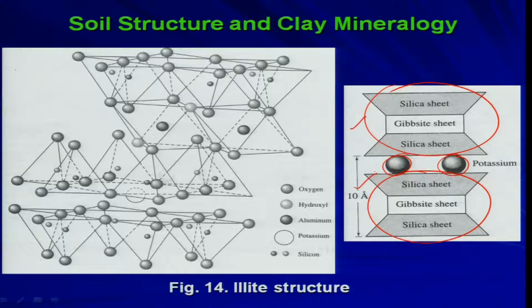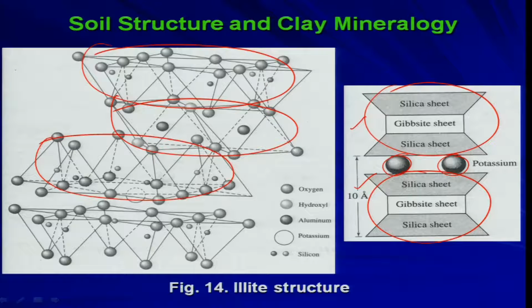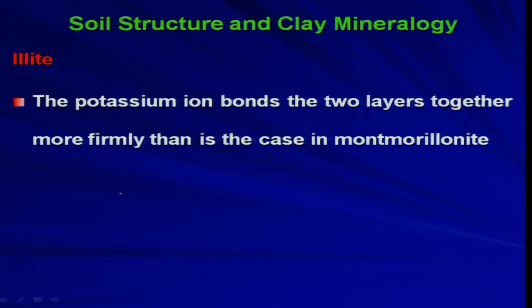So this is one silica sheet, this is the gibbsite sheet, and this is another silica sheet, sandwiched between these 2 silica sheets, and you have potassium in between. The potassium ion bonds the 2 layers together more firmly than is the case in Montmorillonite.